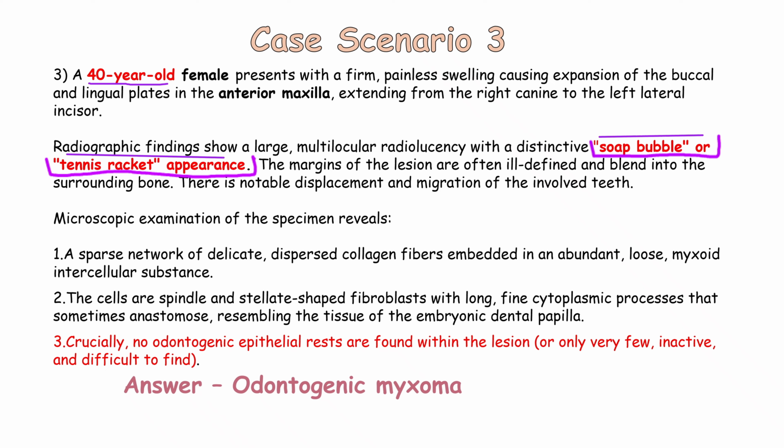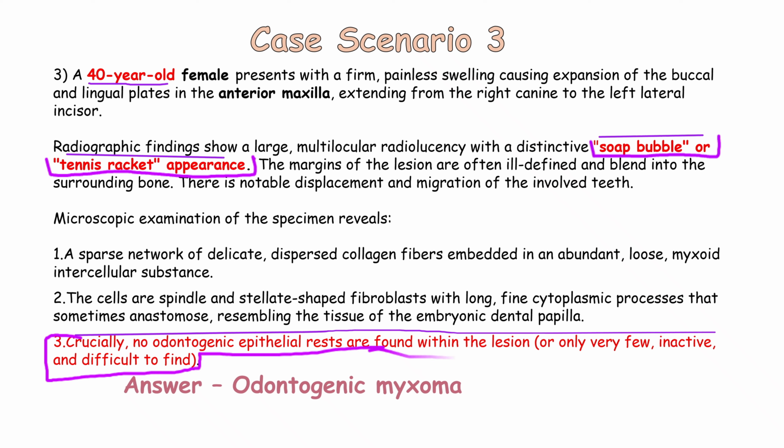The tennis racket appearance is seen mainly in odontogenic myxoma. And also a unique feature is there is no odontogenic epithelial rest found within this lesion. So in odontogenic myxoma, there may be few or inactive or no odontogenic epithelial rests seen.